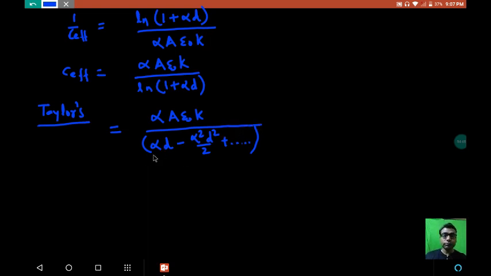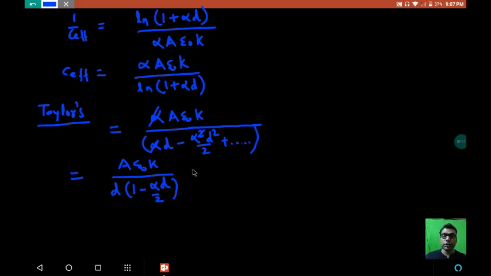Here we take alpha common and cancel it. So A epsilon naught K by, we take d common, and we get the expression d (1 minus alpha d by 2), and we neglect the higher terms as they approach 0.